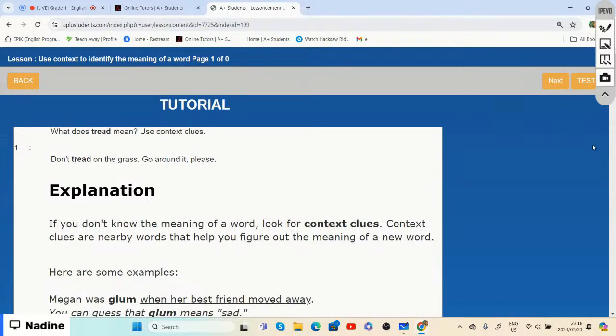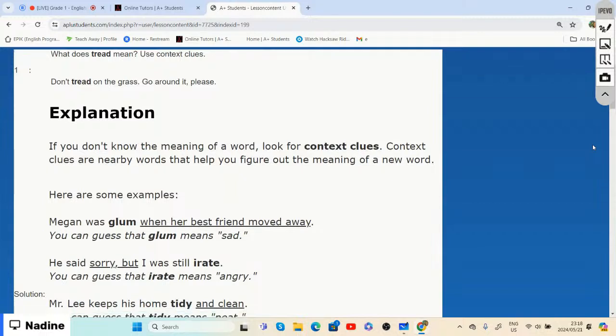And once again, we said that if you don't know the meaning of a word, then look for context clues, right? And clues will be given to you within the text, within a sentence, right?